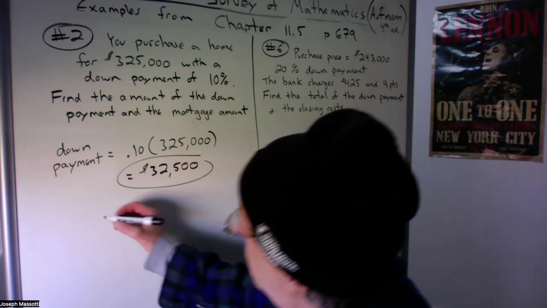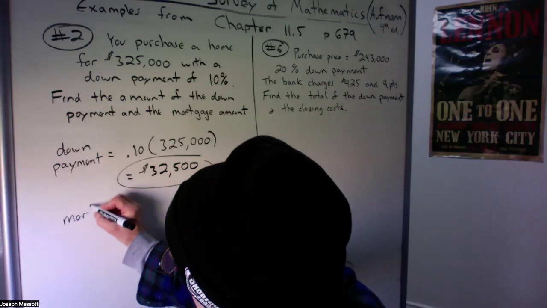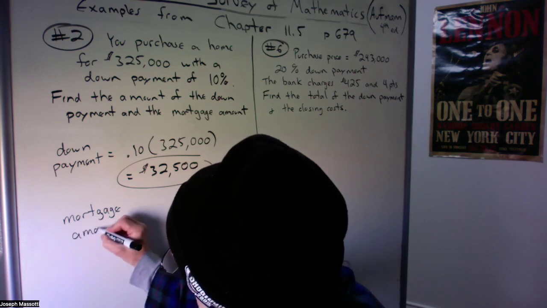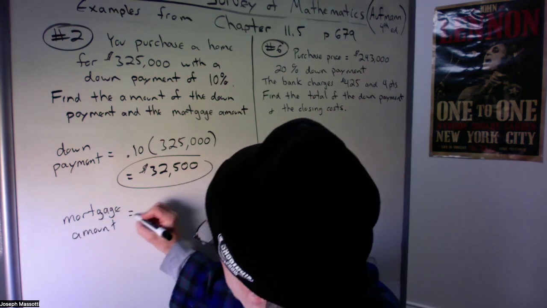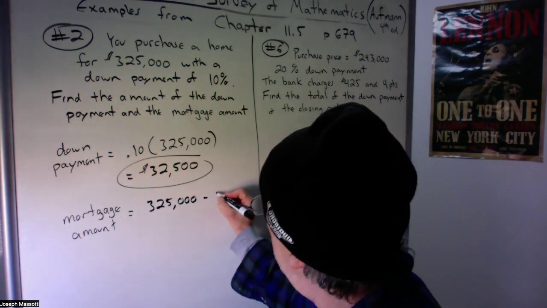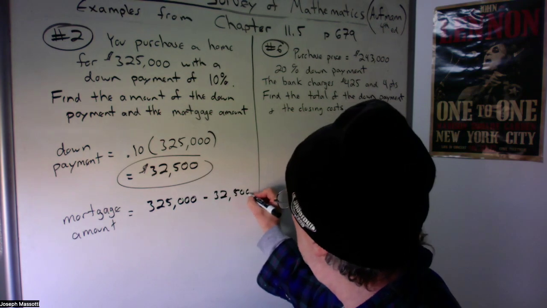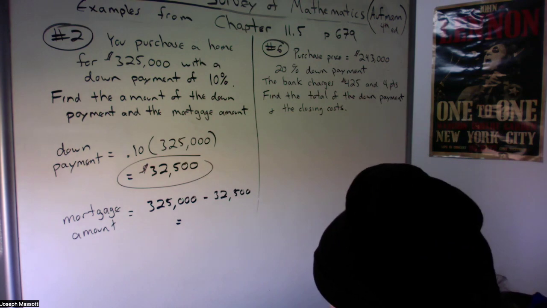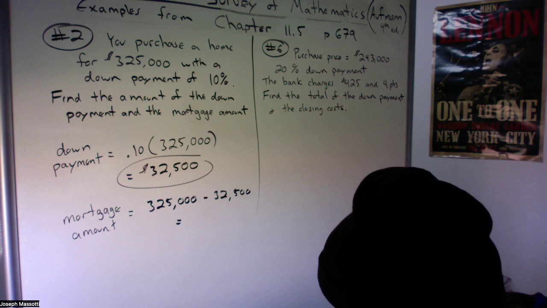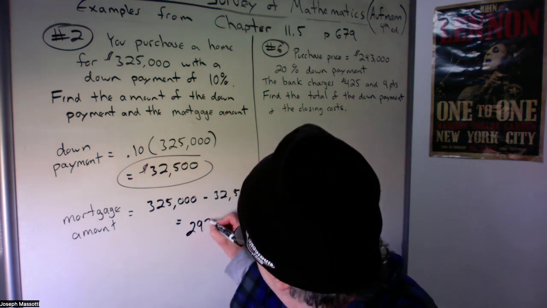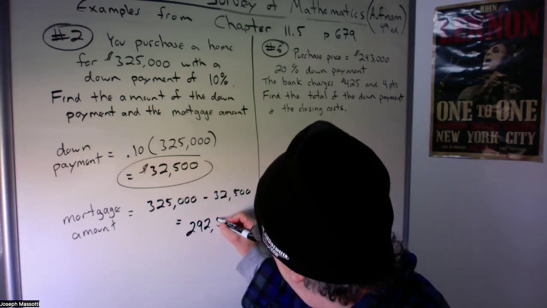So the mortgage amount is just going to be what's left, right? The mortgage amount is just going to be the original price minus the down payment. So let's see, what is that going to be? 325,000 minus 32,500 leaves us with $292,500.